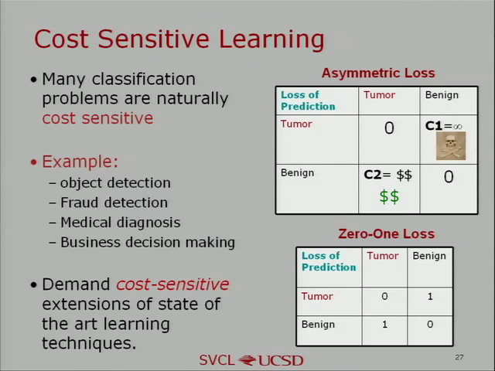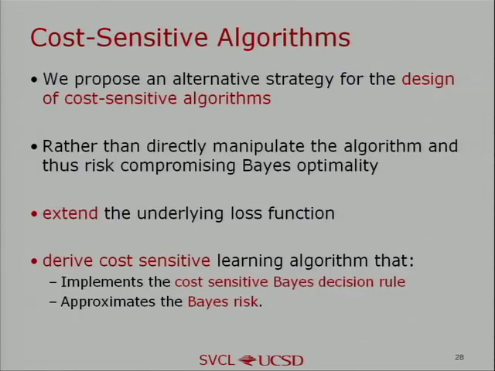Whereas on the other hand, a false alarm or a false positive would just cost a bit more money because you have to do further experiments. So there's obviously a demand for cost-sensitive extensions of state-of-the-art techniques. And here we propose an alternative strategy for the design of cost-sensitive algorithms.